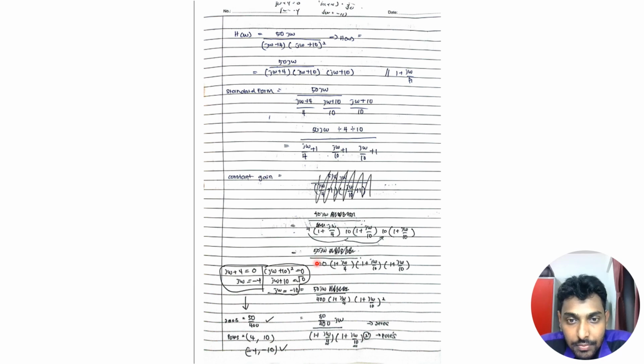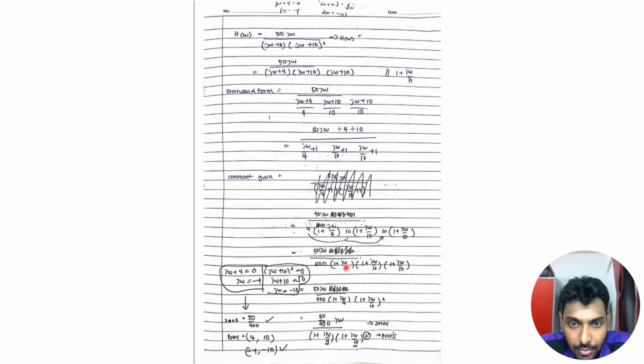So the new equation will be 50 jω divided by 400, and the brackets remain the same as in the previous equation: 1 plus jω divided by 4, and 1 plus jω over 10, to the power of 2 based on the original equation given.